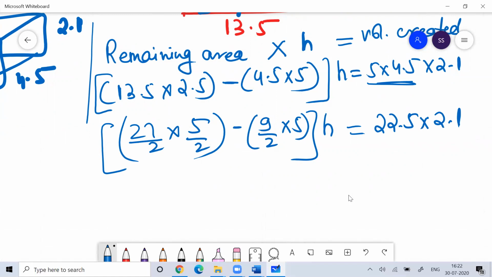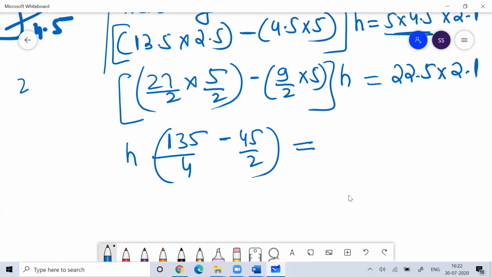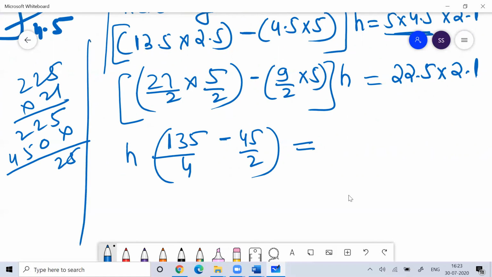This will give you 135 by 4, minus 45 by 2, into h, is equal to 225 into 21, which is 4725. Then with two decimals, 47.25.